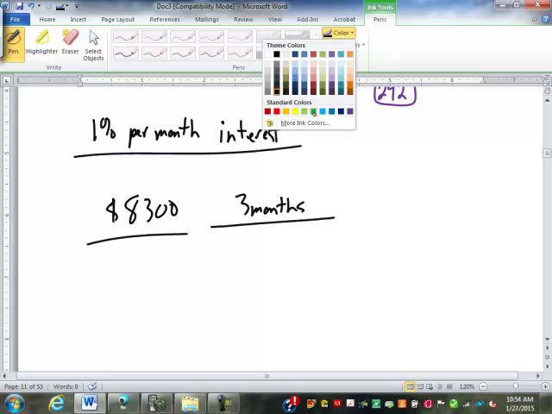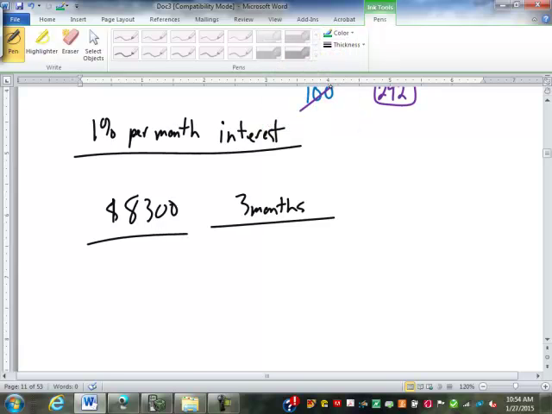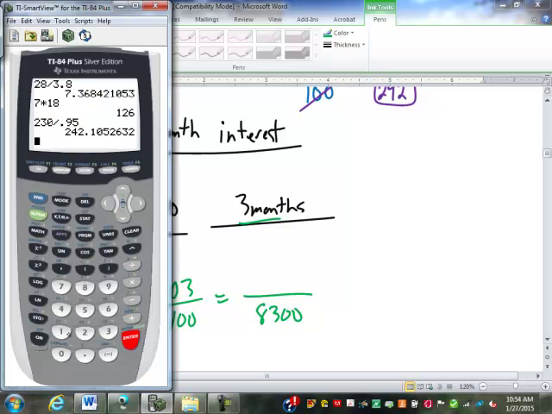Now there are a couple of different ways you can do this. You can do simple interest, which is just adding 1% per month. 3 months would be adding 3% to it. So that'd be 103% of 8,300.